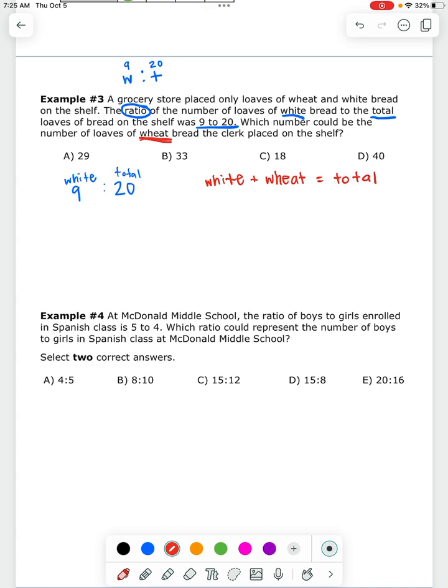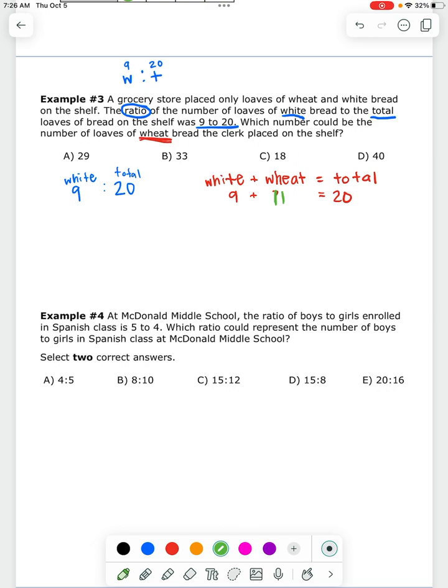So I have 9 white plus how many wheat is going to equal the total. Oh, sorry, we know the total, it's 20. So 9 plus something is going to give me that wheat. And if we do 20 minus 9, that is 11. So my wheat would actually be 11. So 9 plus 11 is 20.